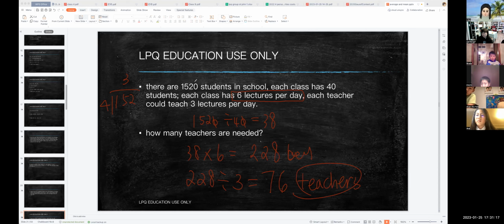OK，首先看到这个学校里面一共有1520个小朋友，每一个班需要40个小朋友。那我们这个学校一共有38个班。OK，so 他又说了每一个班. Yes, of course you can go to the washroom. So 38 times 6 equals what? Equals how many lectures there are, right? So 228.